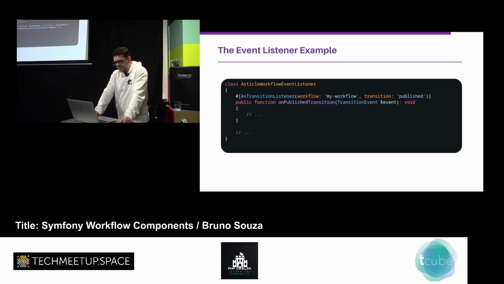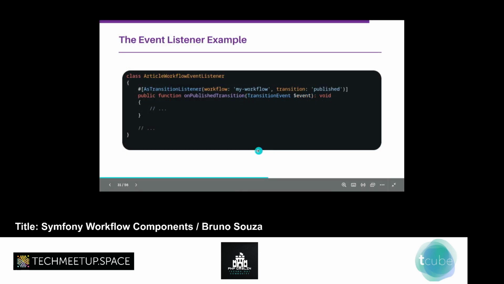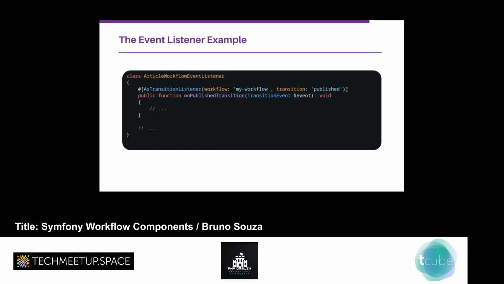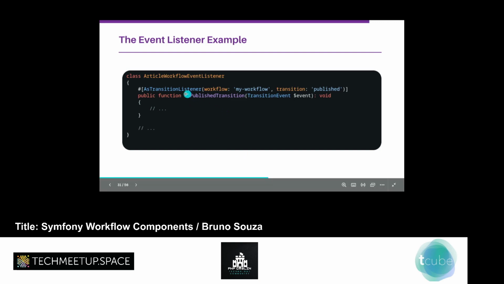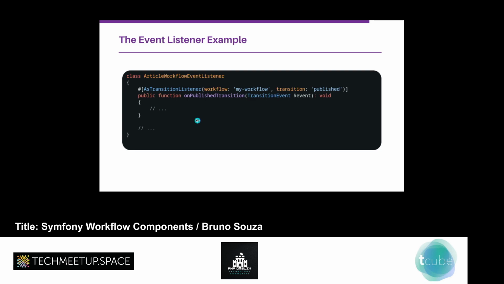And this is an example of how to apply these attributes. So here, for example, I have a class called article workflow event listeners. And my attribute here is defined as transition listener. So it means that it's listening to an event that will dispatch or trigger on every transition.